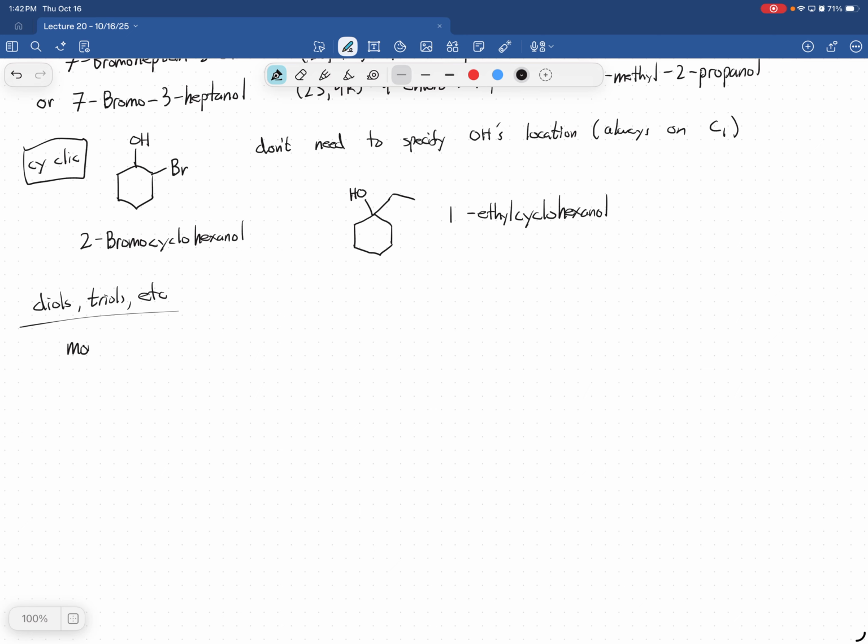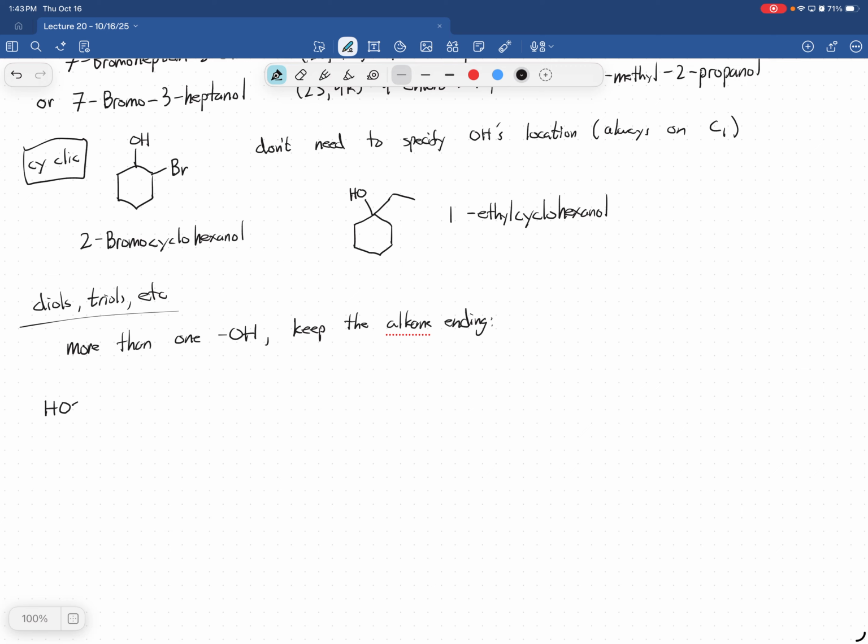If you have more than one OH, keep the alkane ending. All right, so let's do an example here.